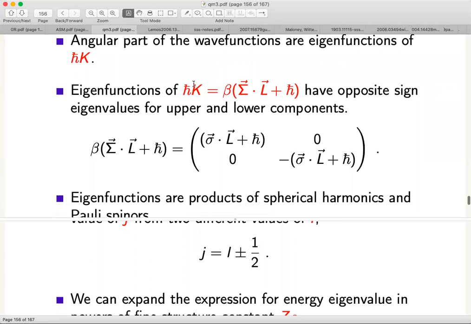This operator has opposite eigenvalues for the upper and lower components. If you write it down in terms of sigma matrices, you can see that they appear this way.